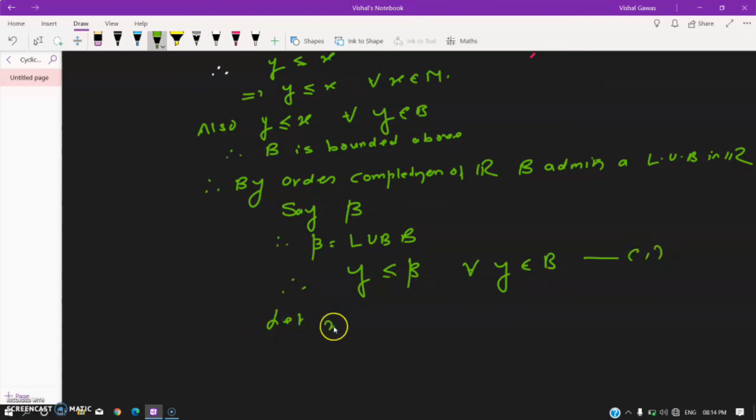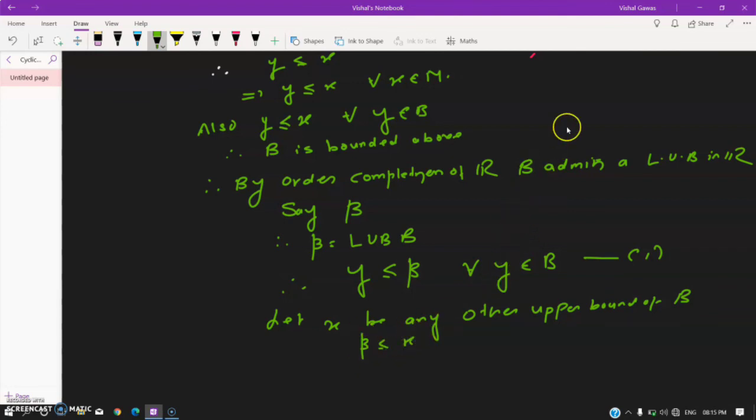Let X be any other upper bound of B, right? If I take any other upper bound, beta is the least of them. Therefore, beta would be less than or equal to X.